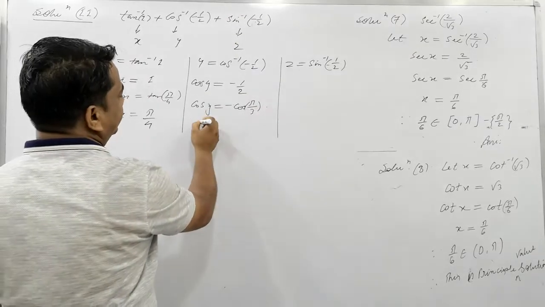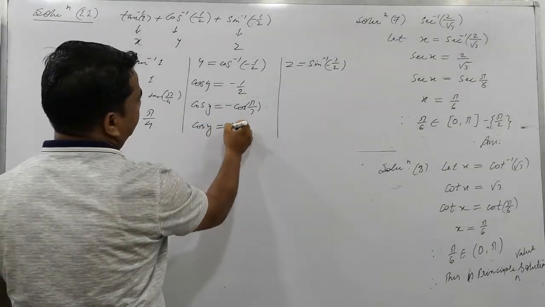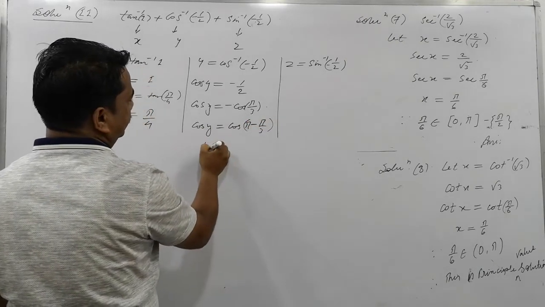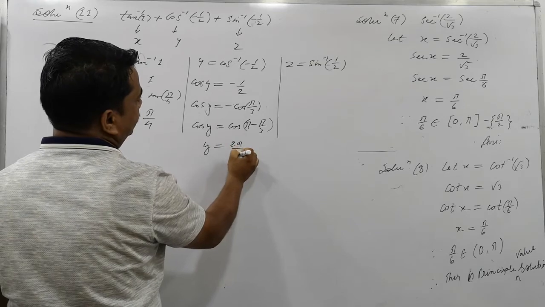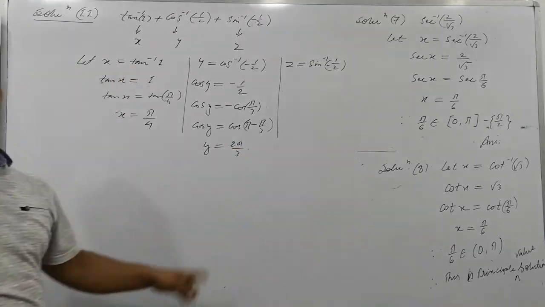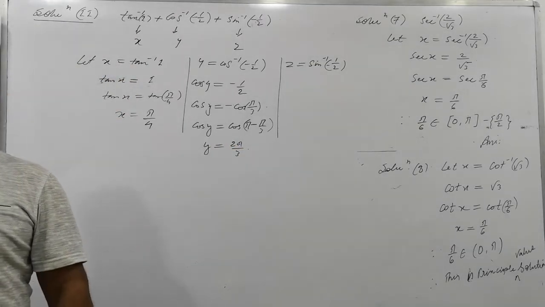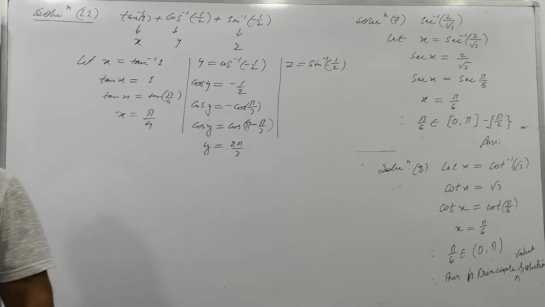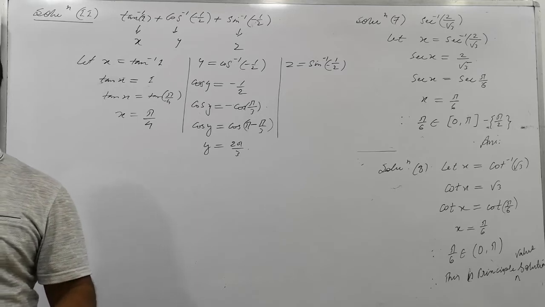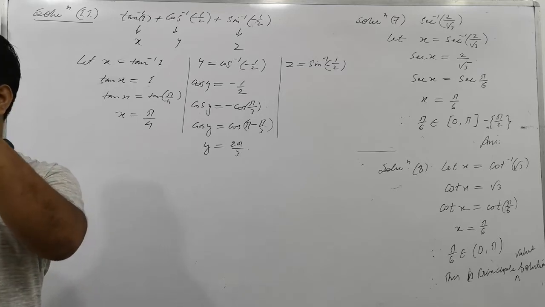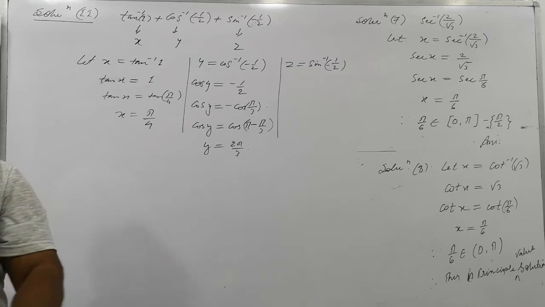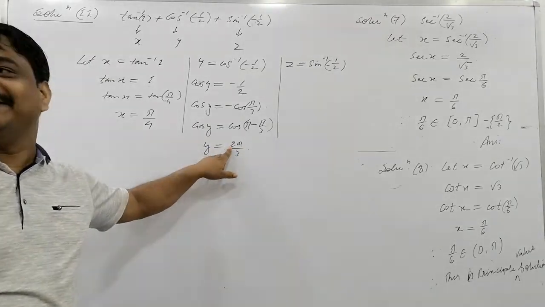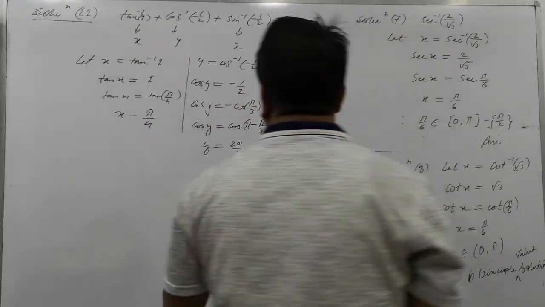So in the second quadrant, you can take cos of y is equal to cos of pi minus pi by 3. So y is equal to 2 pi by 3. Does it belong to the principal solution of cos? The principal range of cos is 0 to pi, and this is the value. Pi by 3 means 60, and 2 times 60 means 120. Is that clear?